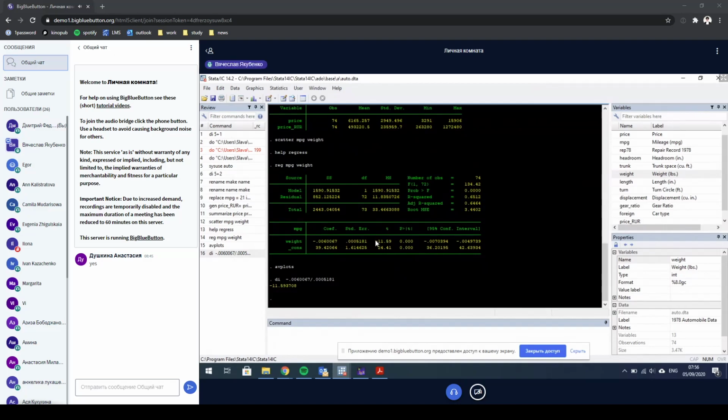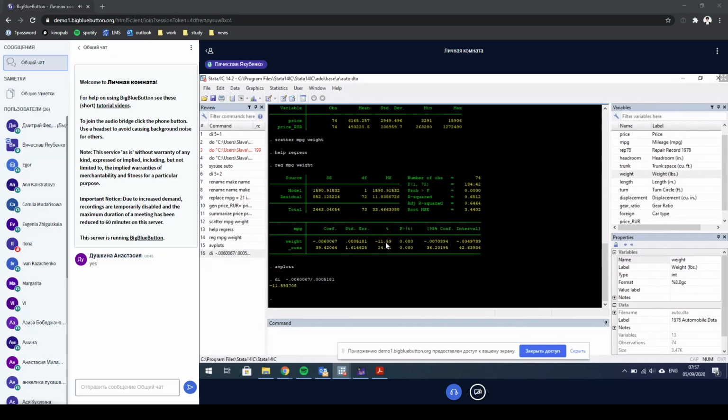And then you can know how certain you are if you reject the null. Normally, these statistics have to be bigger than roughly 2 by modulus. Yes, if it's minus 11, plus 11, it doesn't matter.